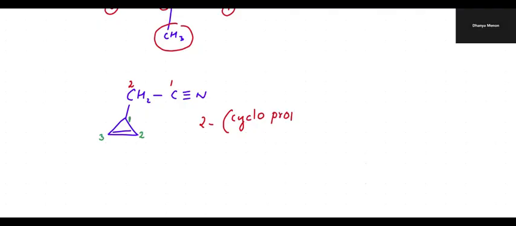And at the second position, I have a double bond here. So cycloprop-2-enyl, because it's a substituent, I write enyl, like we write methyl, ethyl. Because it's a substituent, we write enyl. Okay, I close the bracket.